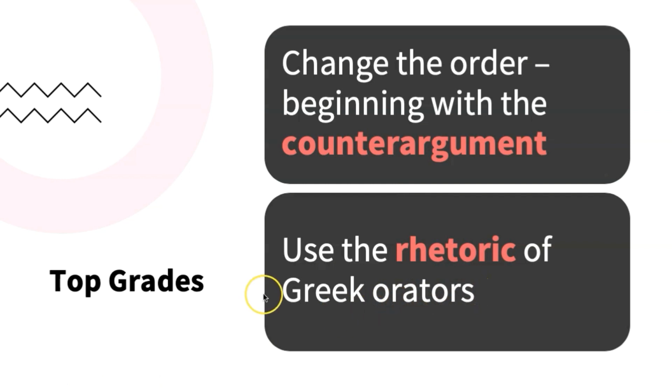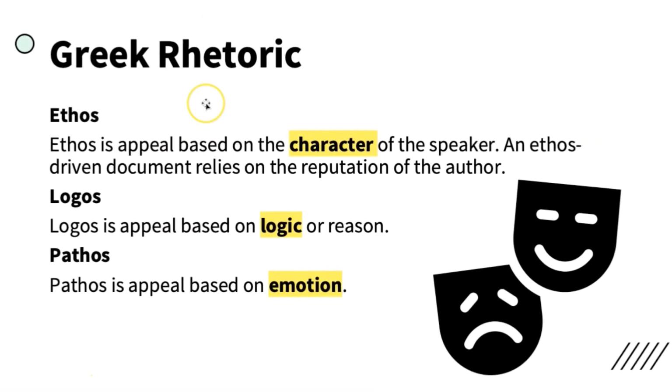Because the ancient Greeks specialized in brilliant debate and articulate argument. These are the 3 rules of Greek rhetoric. Ethos is important, and this is an appeal to the listener or the reader based on the character of the speaker. Now, in an argumentative piece of writing, we're not going to explore your character, but I'm going to show you a way to get round this one.